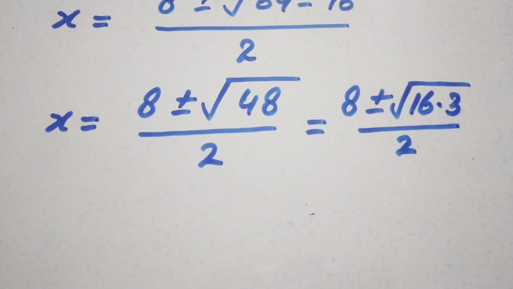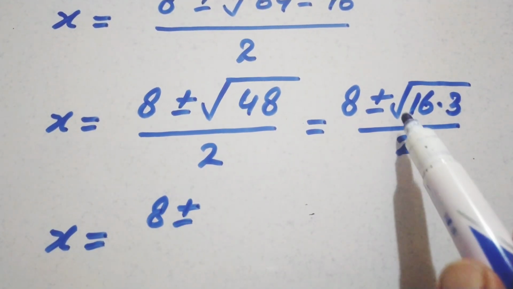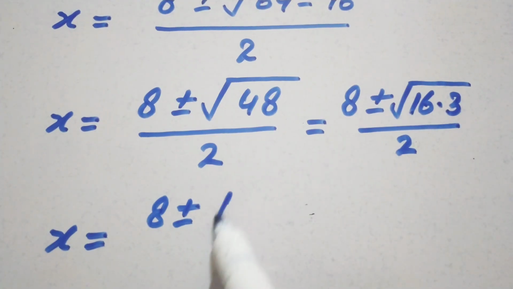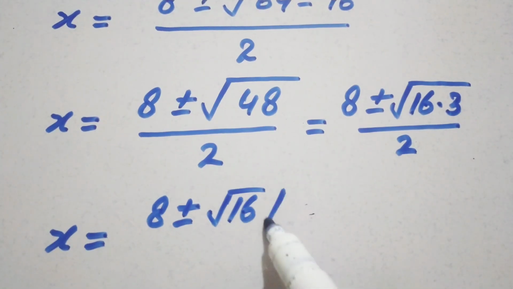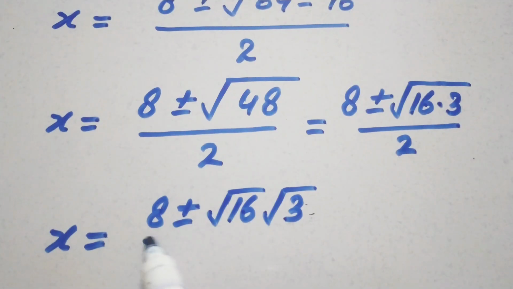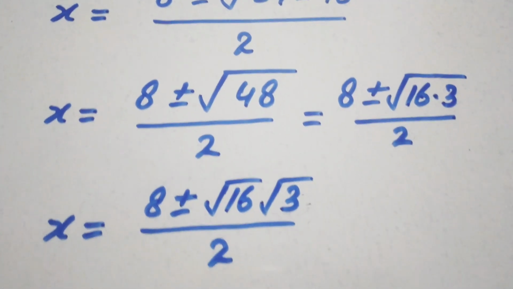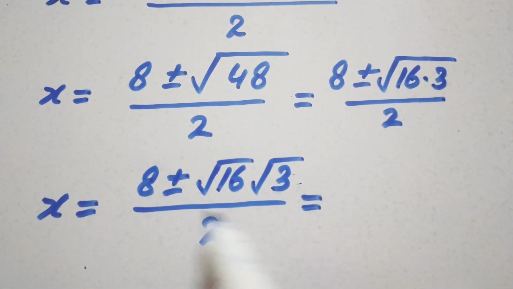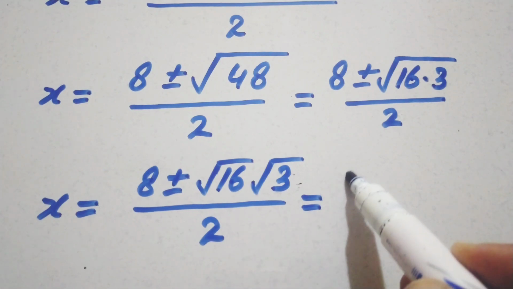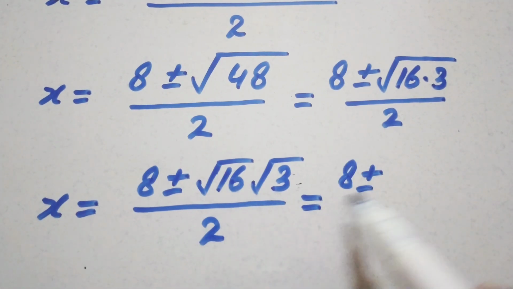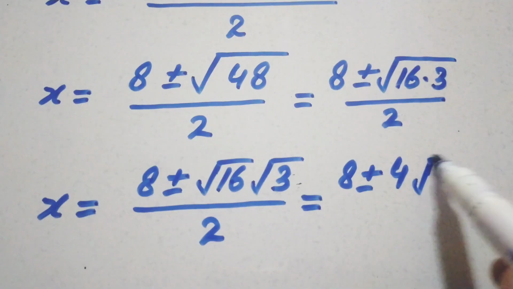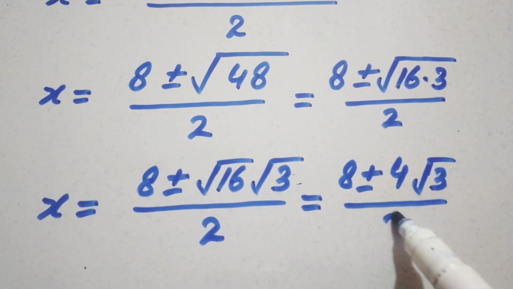We can write square root of 16 multiplied by 3 as square root of 16 into square root of 3 divided by 2. So from this we get x is equal to 8 plus minus square root of 16 which is 4 into square root 3 divided by 2. So now we have x is equal to 8 plus minus 4 into square root 3 divided by 2.